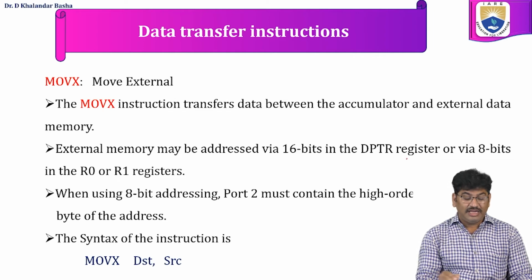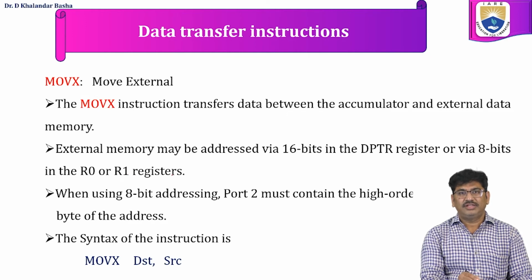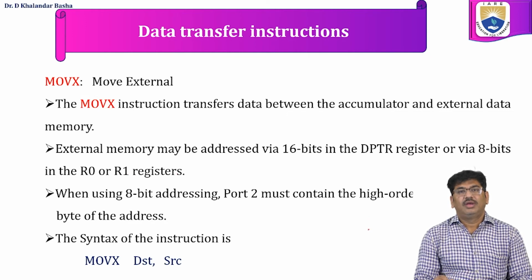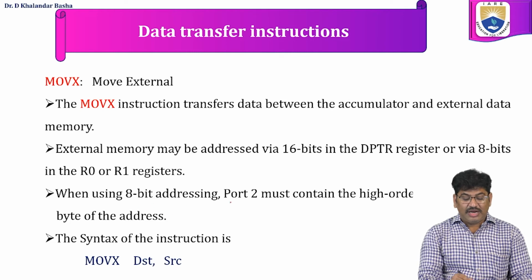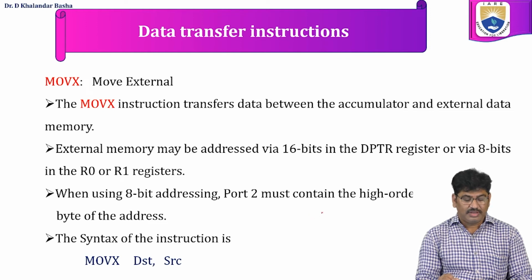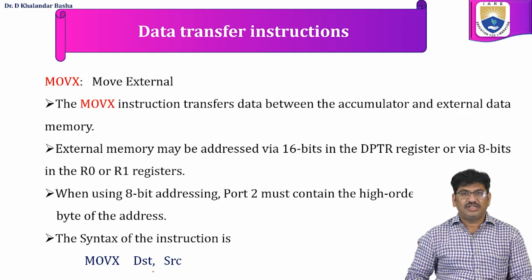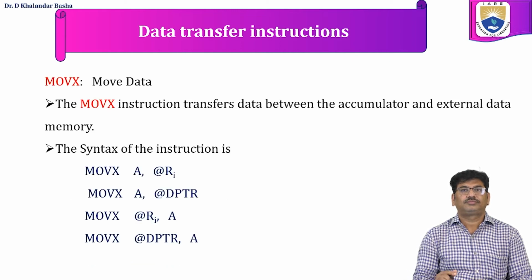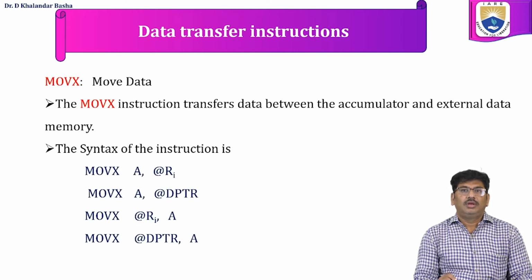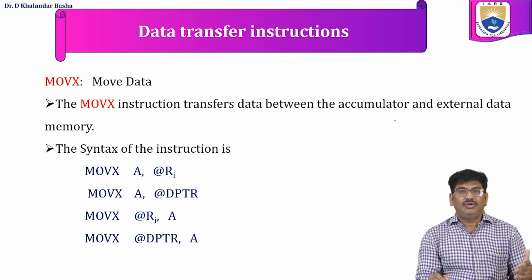In that case, the 8-bit address is loaded into the R0 or R1 registers only. When using 8-bit addressing, port 2 must contain the higher order byte of the address. The syntax of the instruction is MOVX destination, source. The MOVX instruction transfers data between the accumulator and external memory.